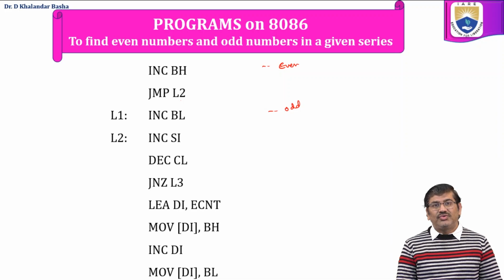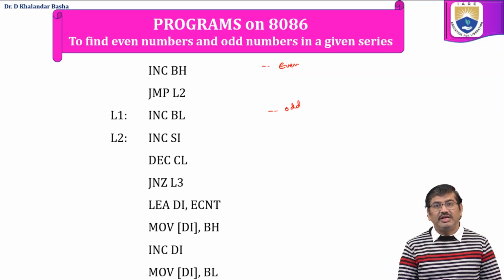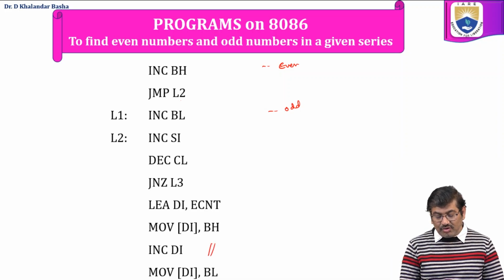For fetching the address of the even count variable, we use the instruction LEA DI, even count. This instruction fetches the address of even count, which is loaded into DI. Into this memory location, we load the count which is in the BH register. For addressing the next memory location, which is for odd count, either you go for incrementing DI, or otherwise we can again use the same instruction like LEA DI, odd count.